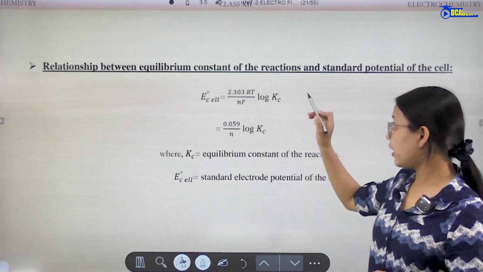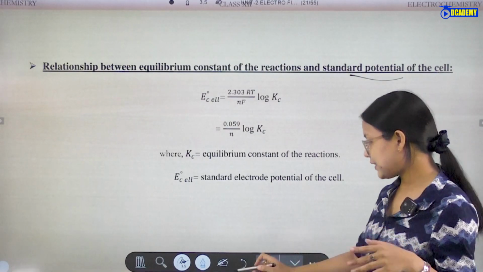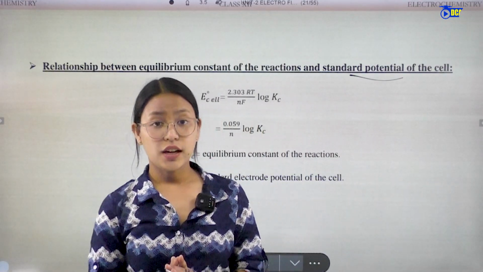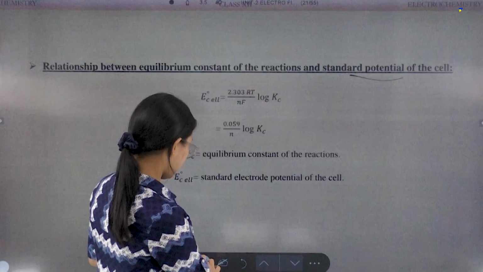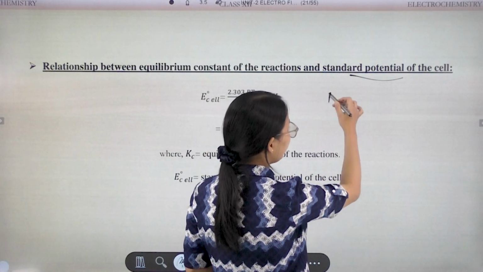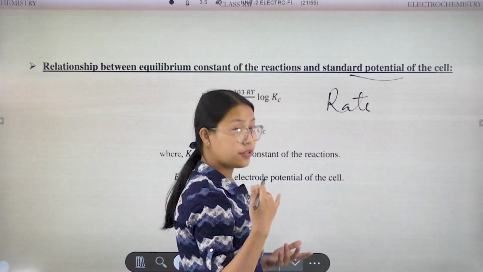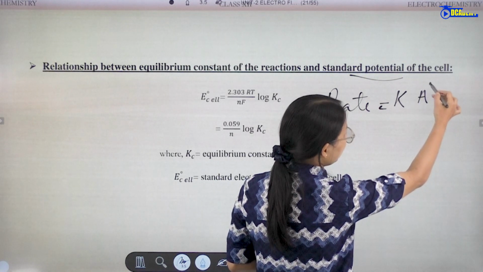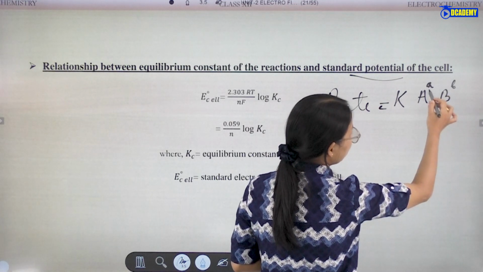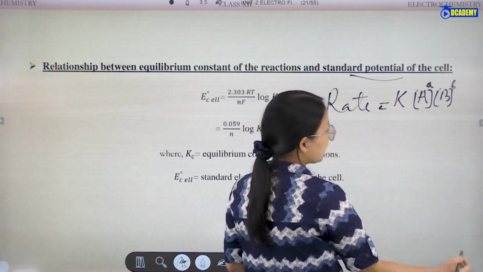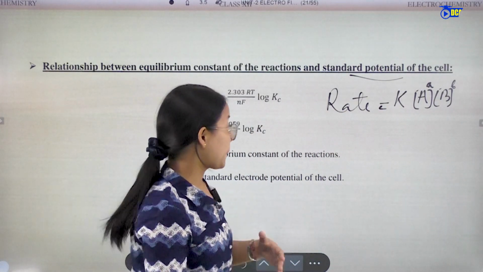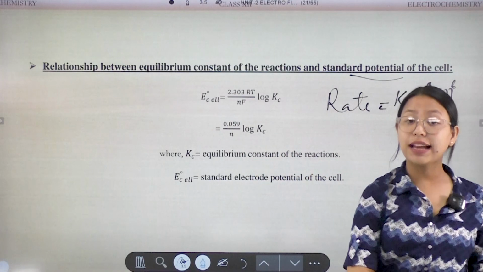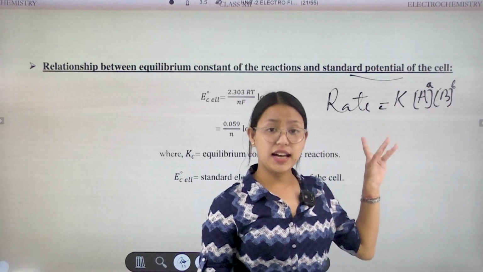Let's say reaction A B, rate law, rate of reaction, chemical kinetics, so K.